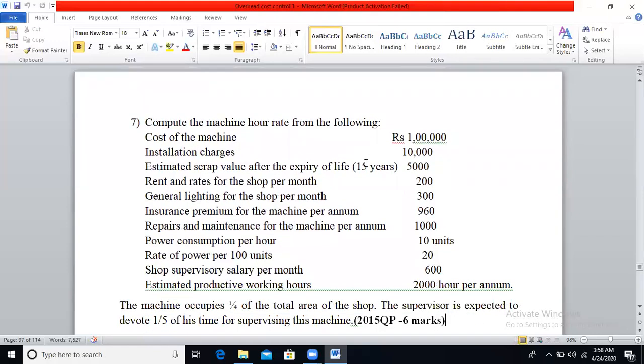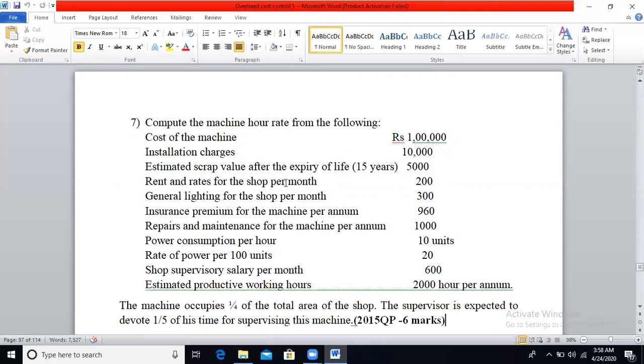The next problem is: compute the machine hour rate from the following. They have given cost of the machine, installation charges, estimated scrap value after the expiry of life, that is 15 years, 5,000. Here the scrap value will be 5,000, estimated life will be 15 years.